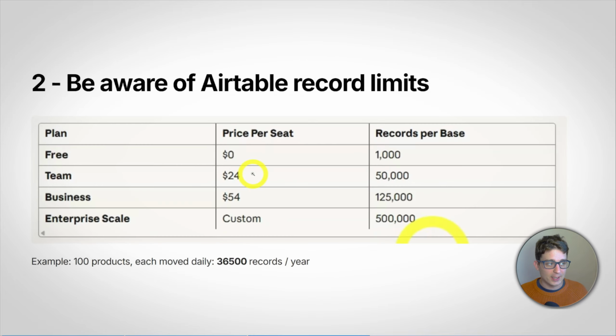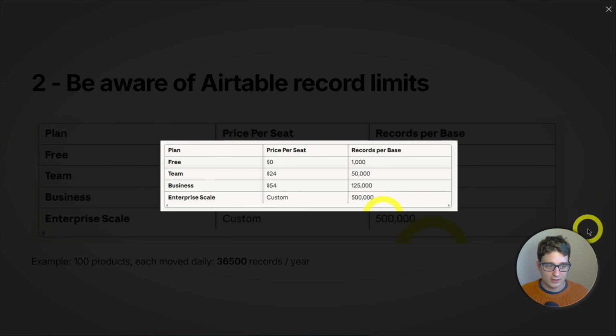The second tip, or warning rather, is to be aware of Airtable's record limit. As we established, we would usually be using one record per product in each movement, which means that if we have 100 products and each of them is sold daily and or purchased daily, then we're looking at at least 36,000 records added each year, which would pretty quickly exhaust our records per base.